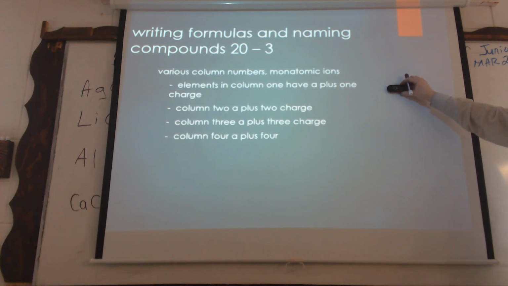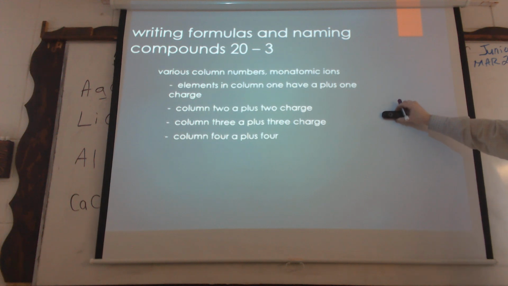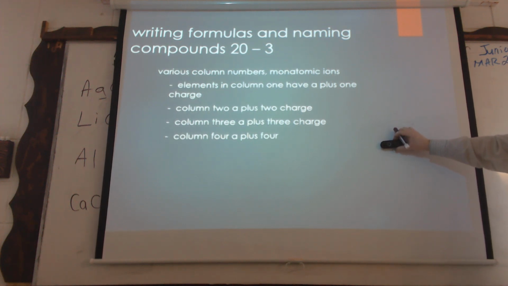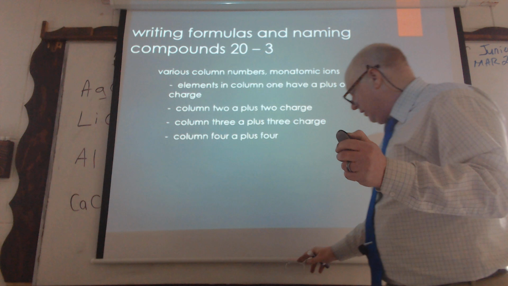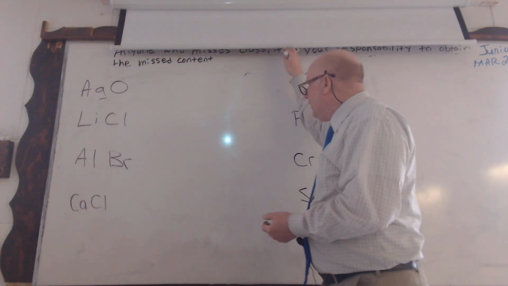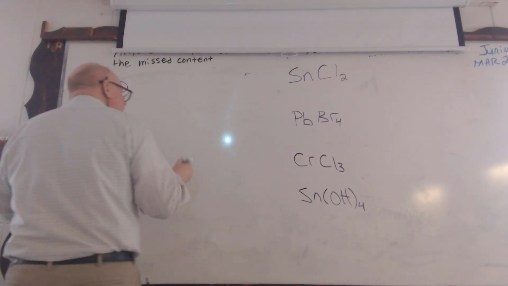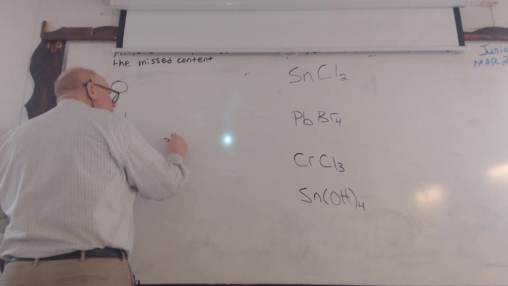Okay. Then as you go to column 2, then 3, and then finally 4. Just picture climbing up a hill, if you want to look at it that way. So it's increasing in positive charges.